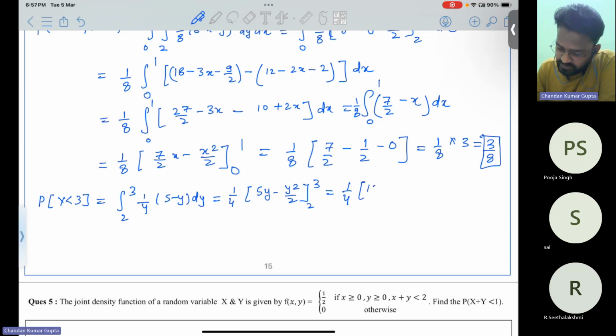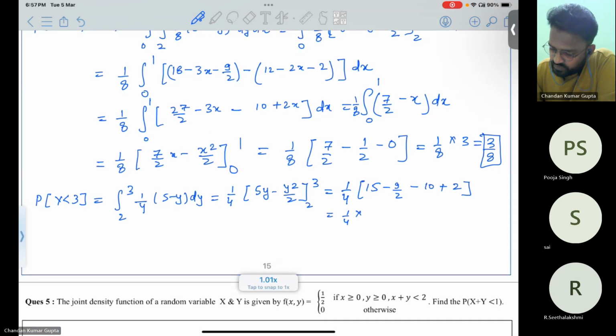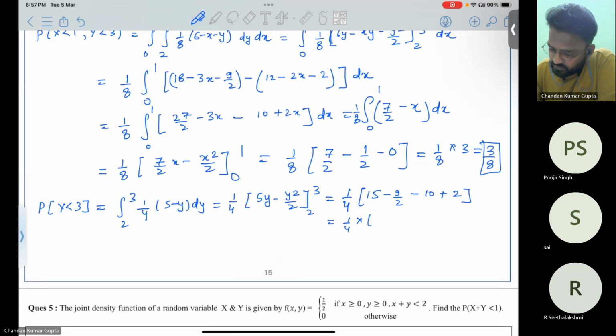It is 1 by 4 (15 minus 9 by 2 minus 10 plus 2), which is equal to 1 by 4 into (7 minus 9 by 2), which is 1 by 4 into 5 by 2, that is 5 by 8.